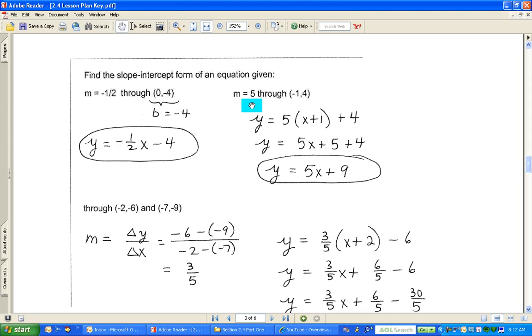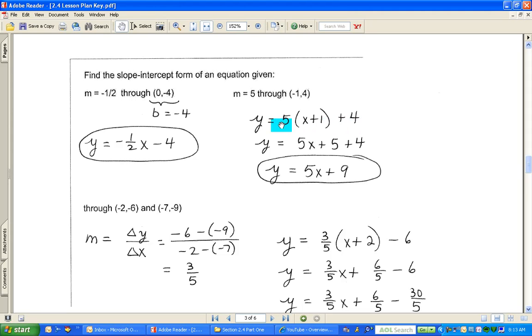Now the next one, we're given the slope and we're given a point. So what we could do is we could actually start with the point slope formula and then convert it. Y equals m times the quantity x minus x sub 1. Well, minus a -1 becomes plus 1, and then you put the plus y sub 1 at the end, which is plus 4.